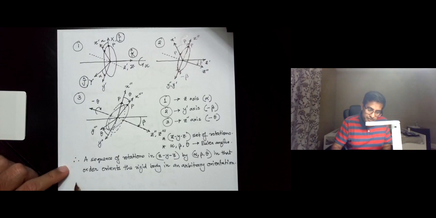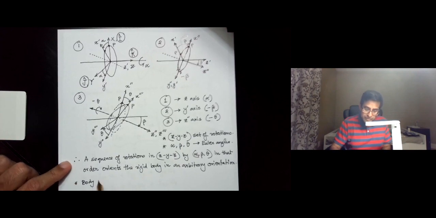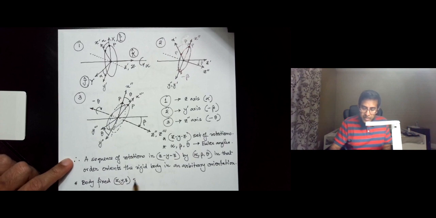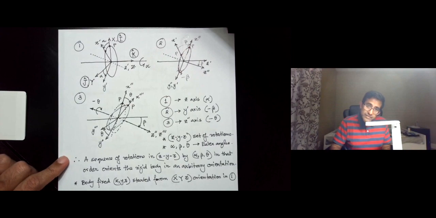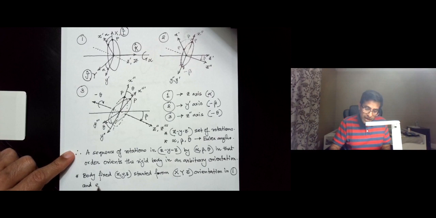Another thing to note here is that body fixed XYZ started from the capital XYZ orientation in diagram 1, and ended with the X triple prime, Y triple prime, Z triple prime orientation after 3.